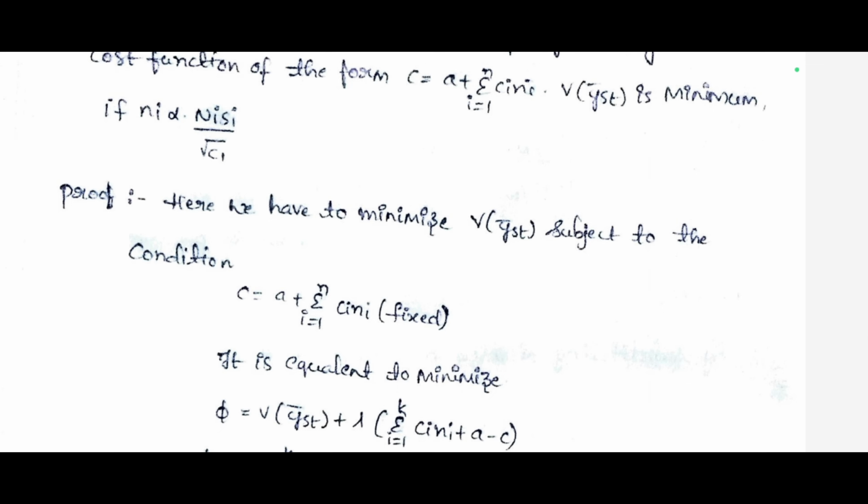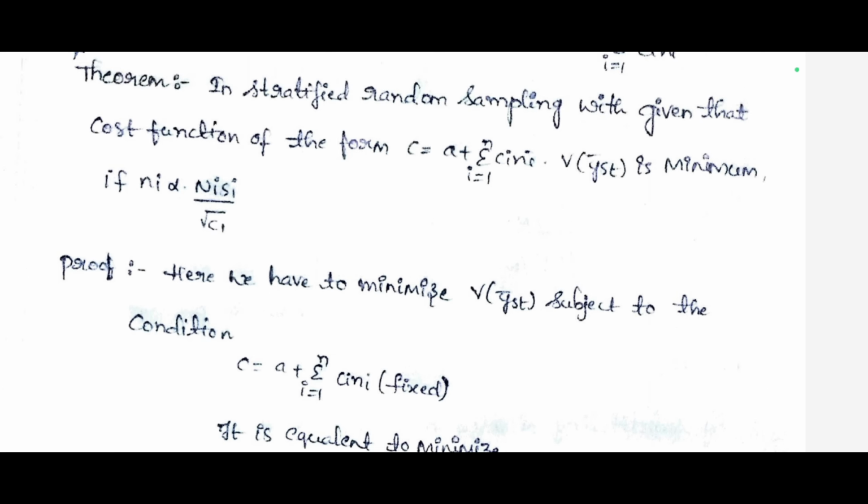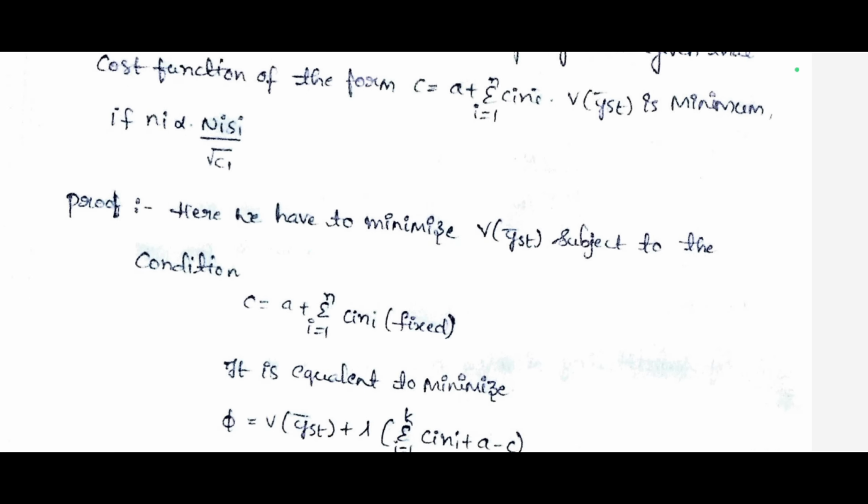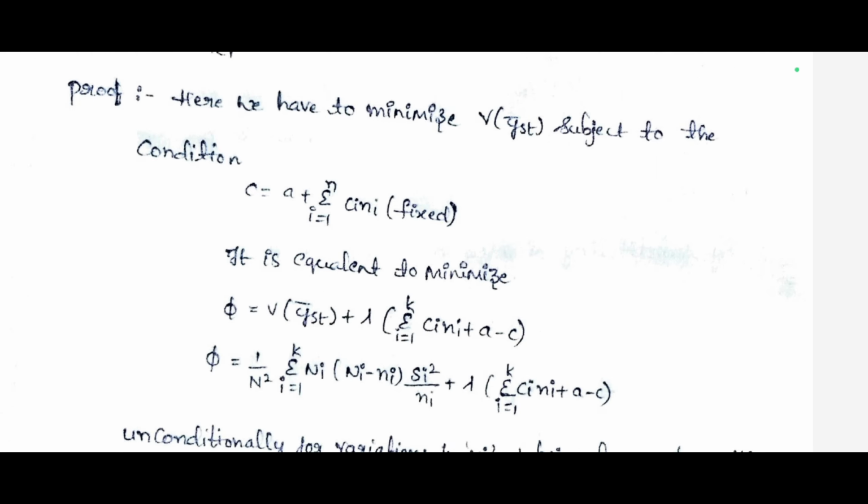For this proof, we have to minimize the variance of y bar of st subject to the condition that C equals A plus the summation, i runs from 1 to k, of Ci ni, which is fixed. It is equivalent to minimizing the phi function: variance of y bar of st plus lambda of the summation, i equals 1 to k, Ci ni plus A minus C.